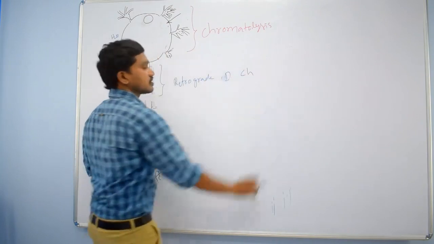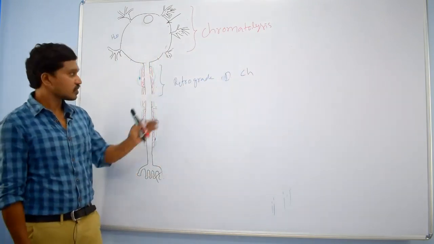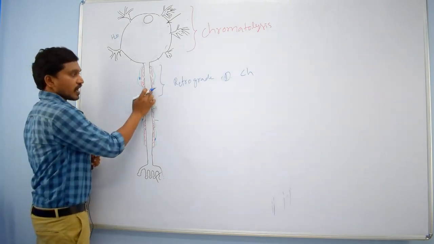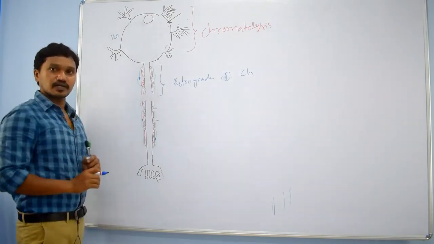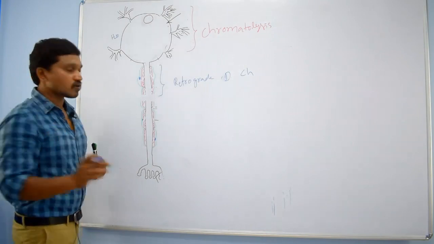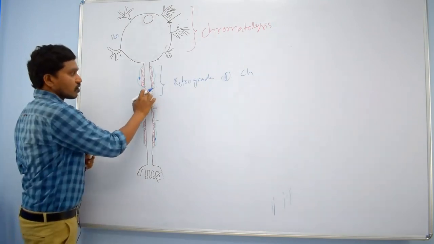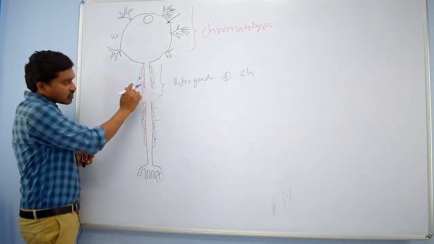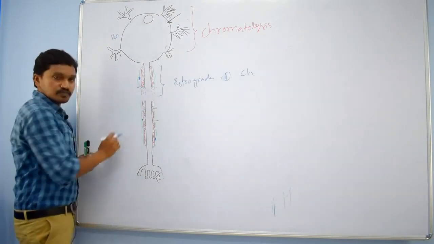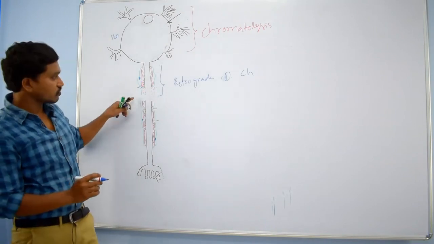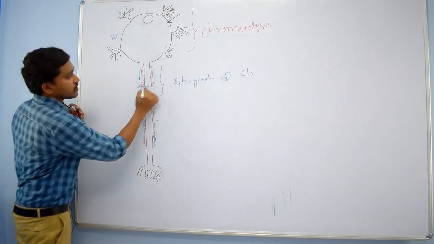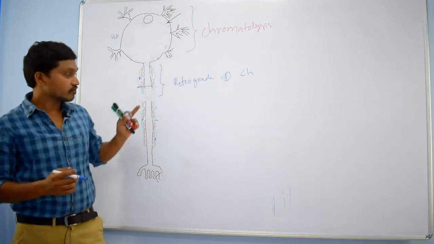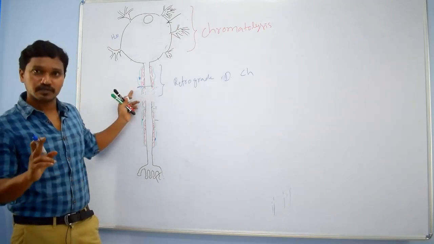What are those? Very simple: fragmentation of axon cylinder and breakdown of myelin sheath, up to the next node of Ranvier. That means up to here only these changes will occur, in the proximal stump.